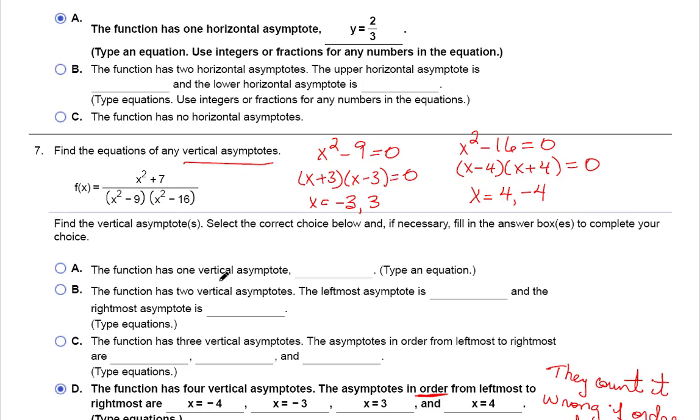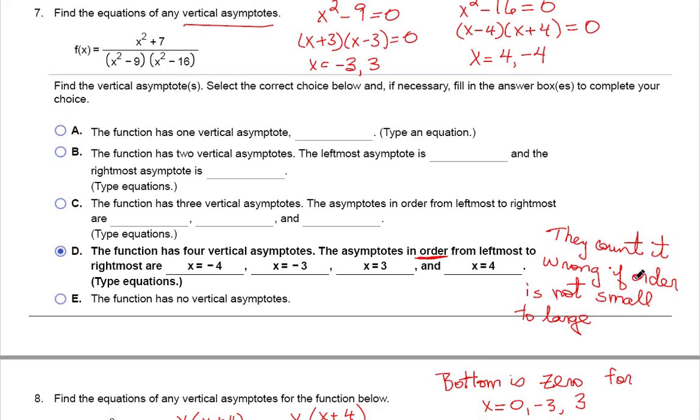We're looking for vertical asymptotes, places where the bottom is 0. Well, let's see, x squared minus 9 is 0, factors into plus 3 and minus 3. X squared minus 16 factors into 4 and minus 4. So we've got 4 asymptotes. 1, 2, 3, 4.